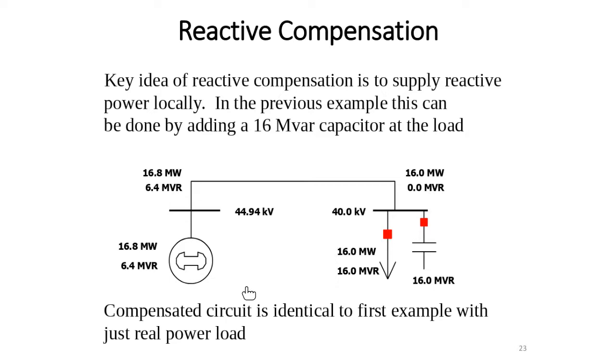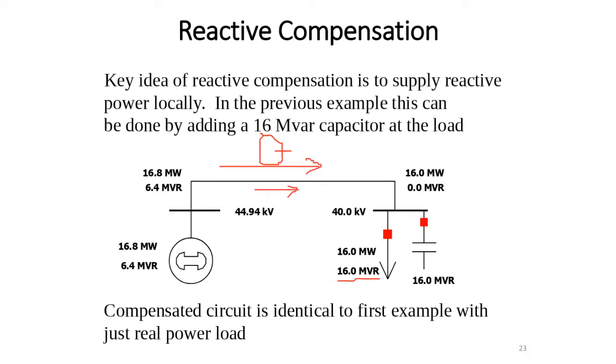The higher the voltage magnitude, the reactive power will flow this way. The reactive power Q has nothing to do with P. And because we have the load here of 16 megawatt, P is also going this way.